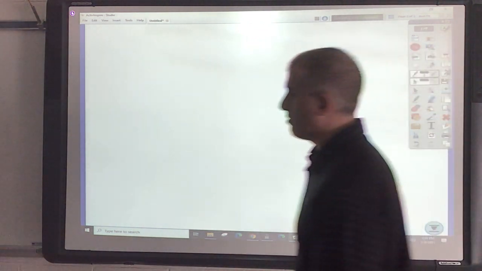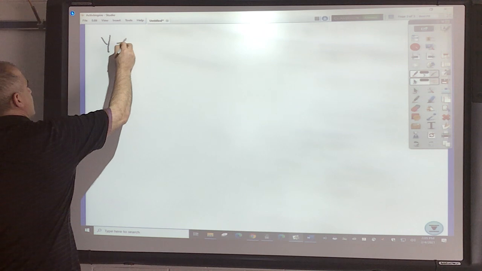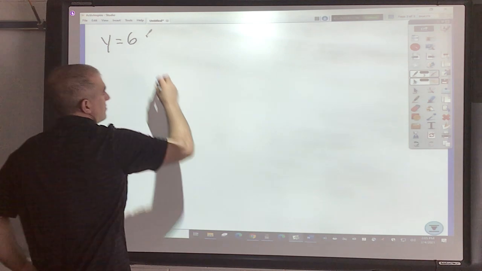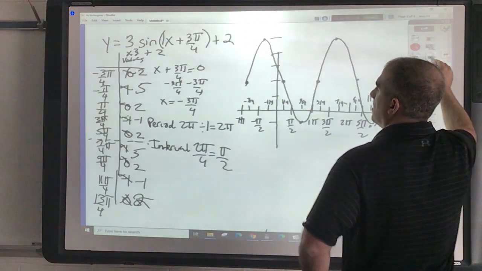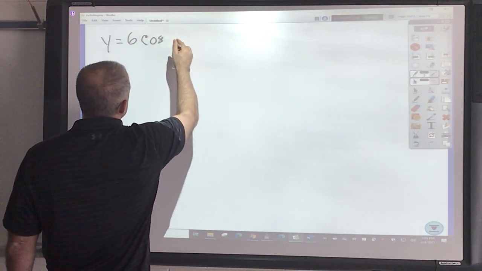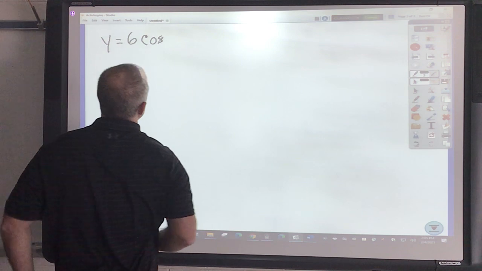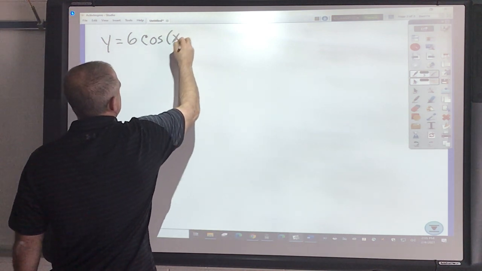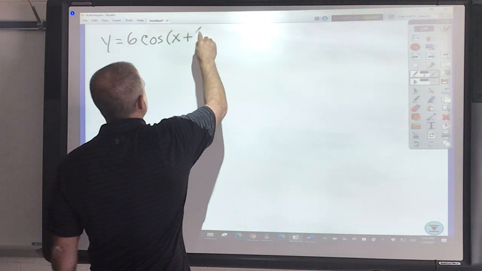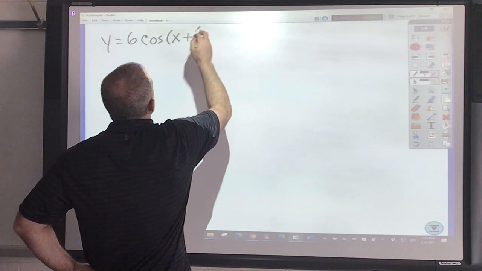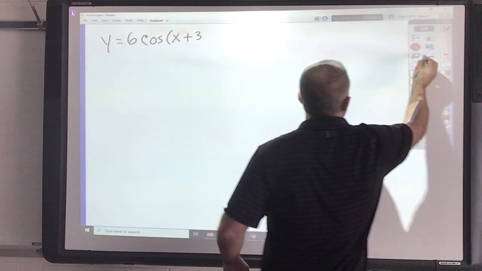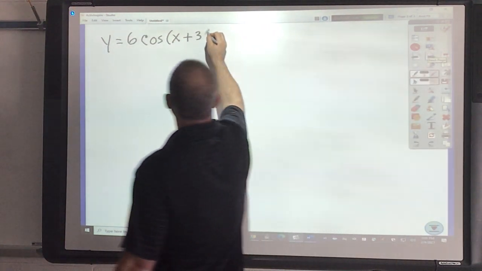Okay, what I would like you guys to work on, I want you to try these 2 examples. Let's go cosine of, say x plus 3 pi over 2.